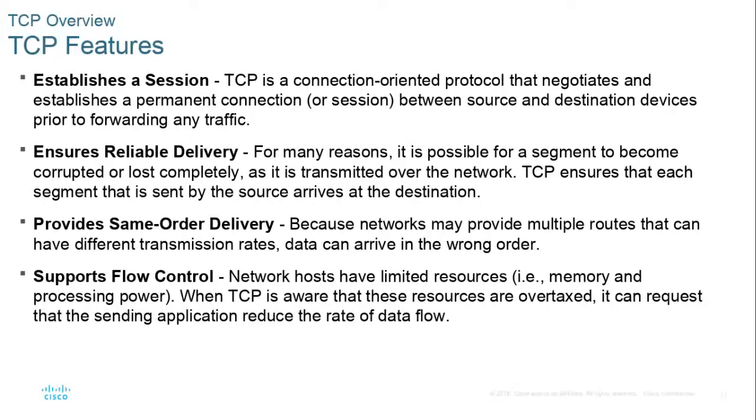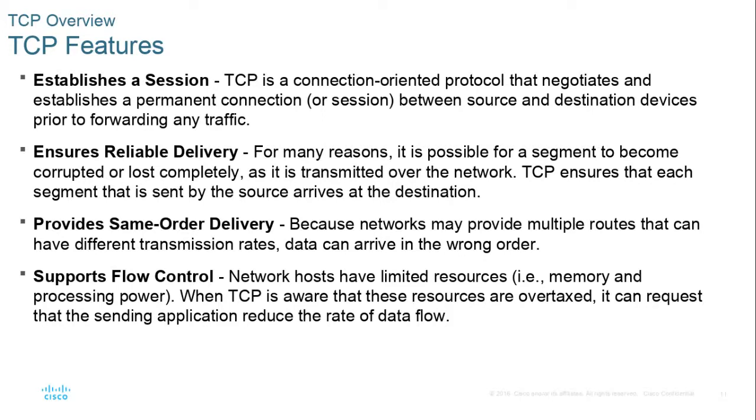So TCP establishes a session. We're going to look at this thing called SYN ACK, where the sending and receiving workstations make sure that they're able to start talking to each other. It ensures reliable delivery, because if anything is not acknowledged, it will simply be retransmitted. It will provide same order delivery, because if something is sent and it takes multiple paths and it isn't received by the receiving host device in the same order it was transmitted, the receiving host can simply sort them.